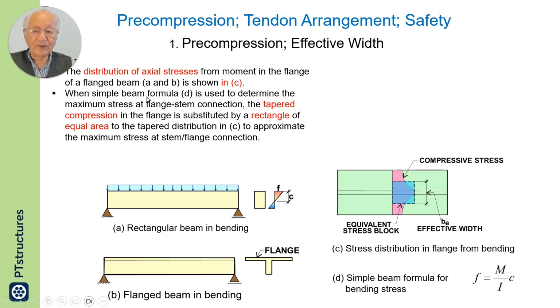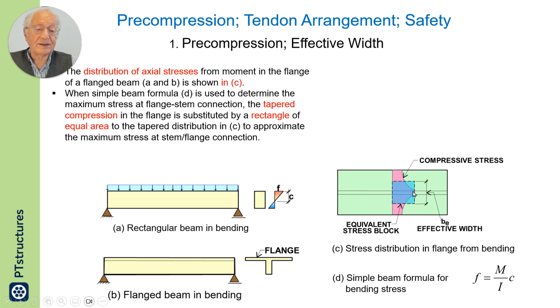So when the flanged beam formula D is used to determine the maximum stress at the flange-stem connection, the tapered compression in the flange is substituted by a rectangle of equal area to the tapered distribution, as shown in figure C.